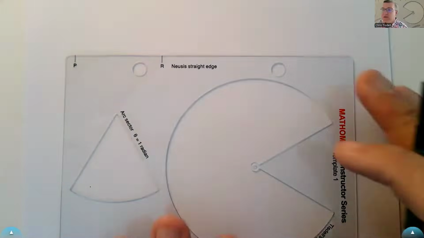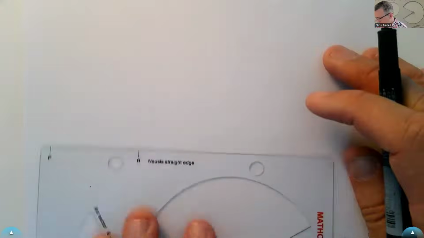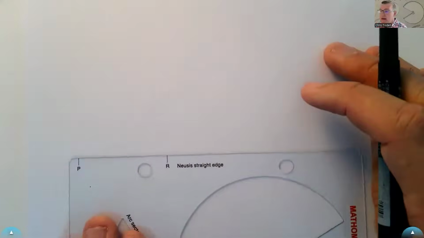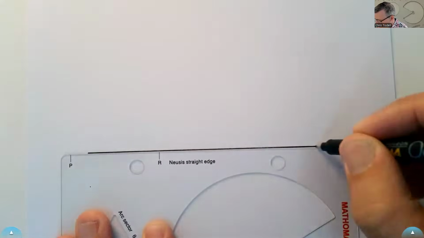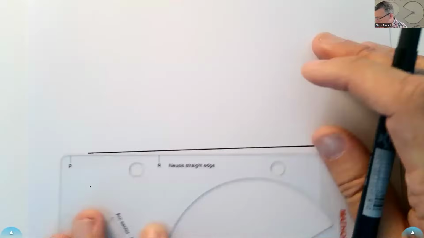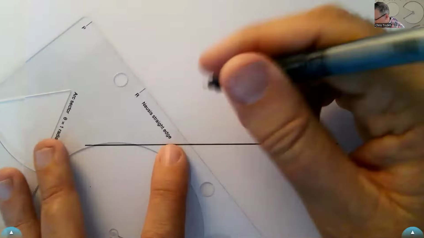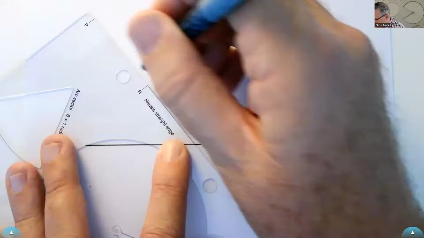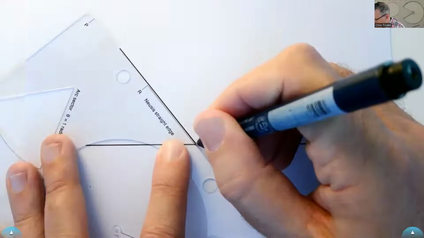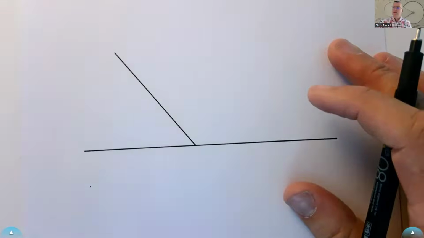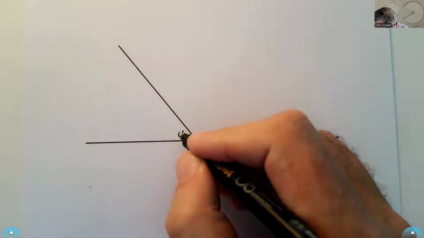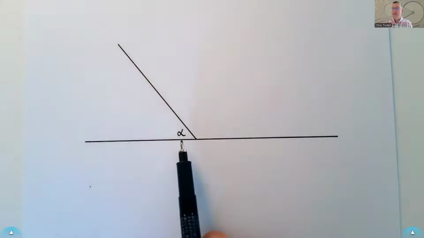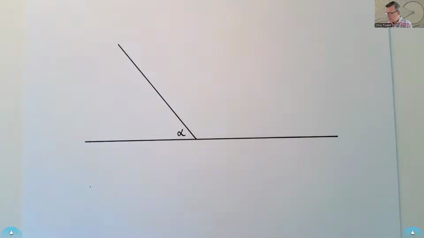All right, so how do we do it? Let me draw a few things here, and we can see how to trisect this obtuse angle. In a previous video, I showed how to trisect, say, this acute angle alpha.